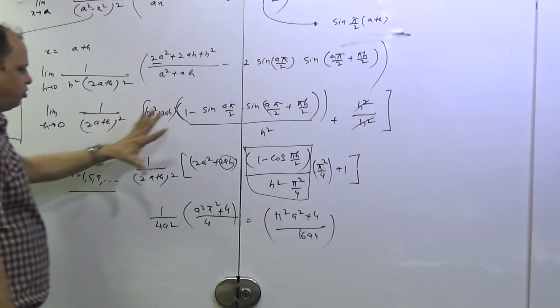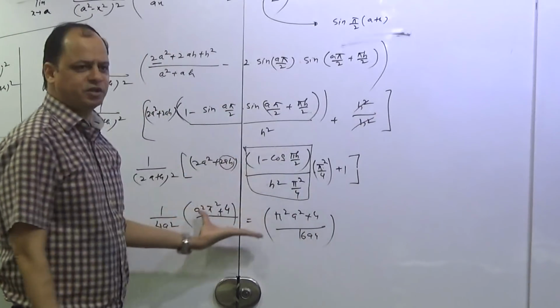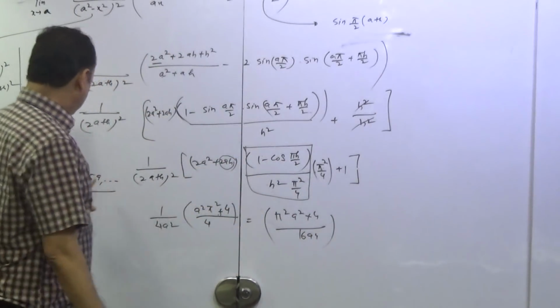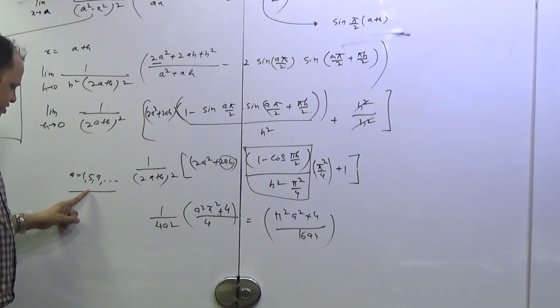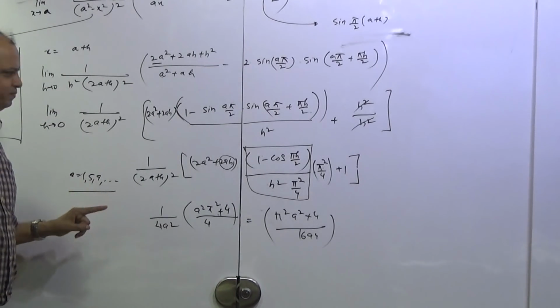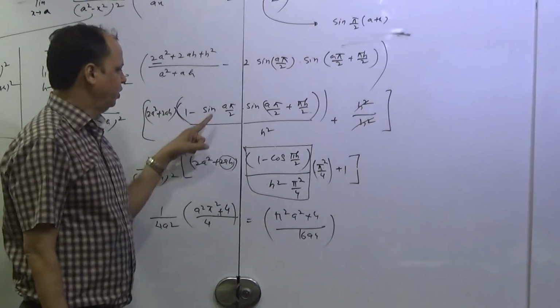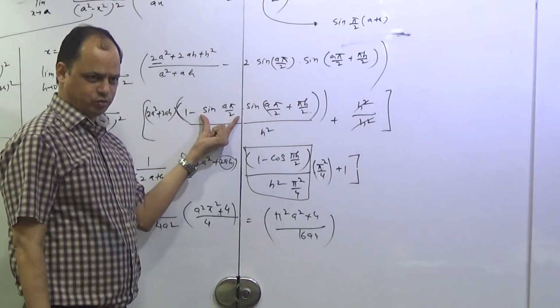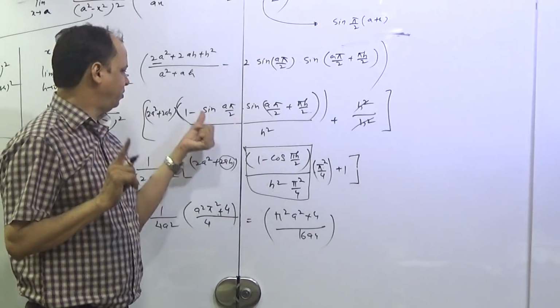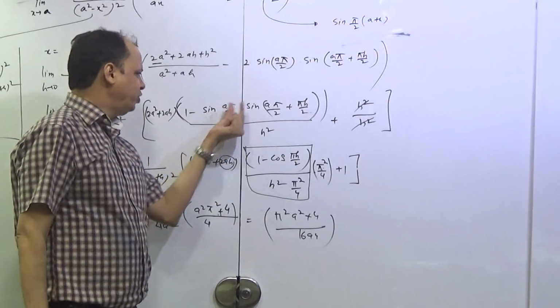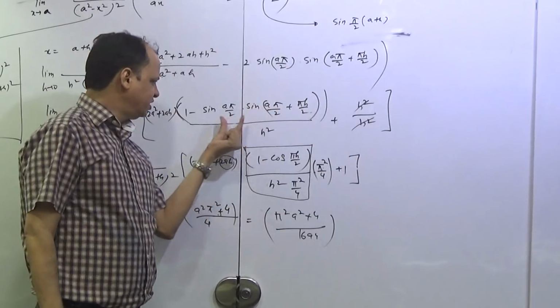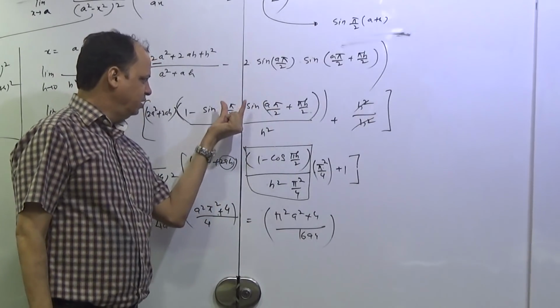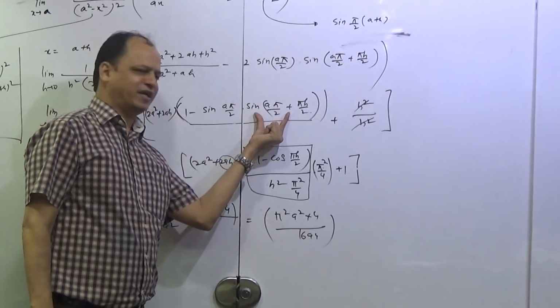You don't need to calculate it again. The entire calculation is not needed for a equal to 3, 7, 11, etc. Just write down 3 first. When you are writing 3 here, what do you get? Sine 3 pi by 2, that is minus 1. But when you write 3 over here, this negative sign will be cancelled by this negative sign.